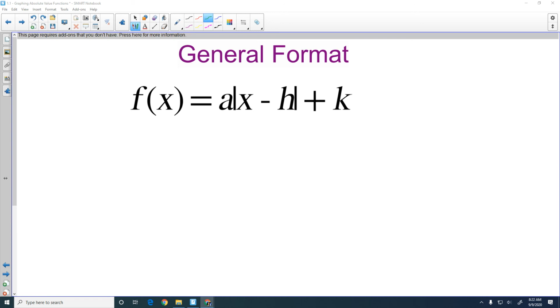So I'm putting in these letters of a, h, and k, and those are just the different spots in this equation where you could have a number. And based on where that number is located, it's going to change our graph, our V shape, in some way, shape, or form. So let's make a little breakdown so we have all this info in one place.